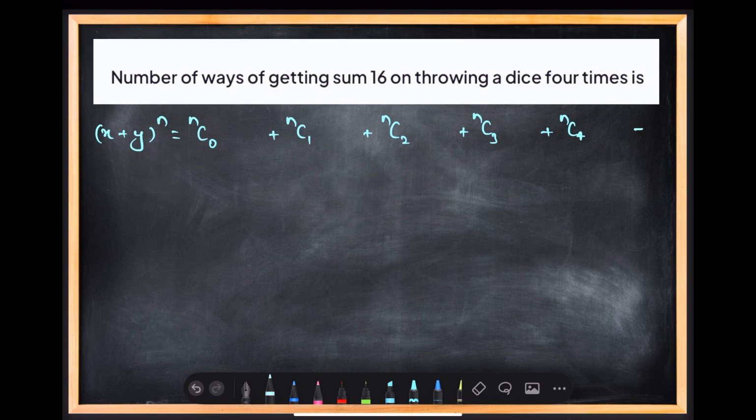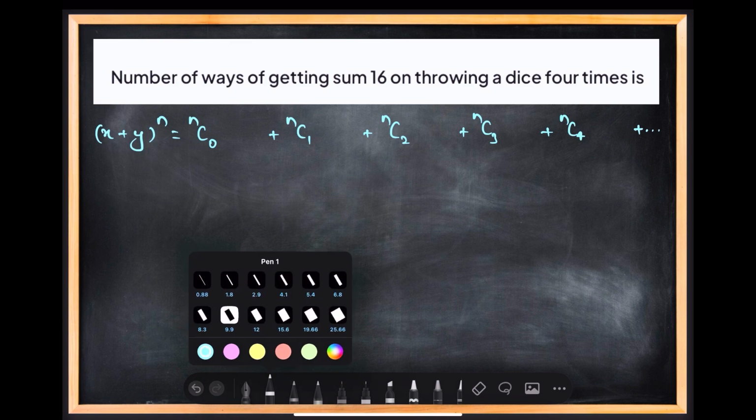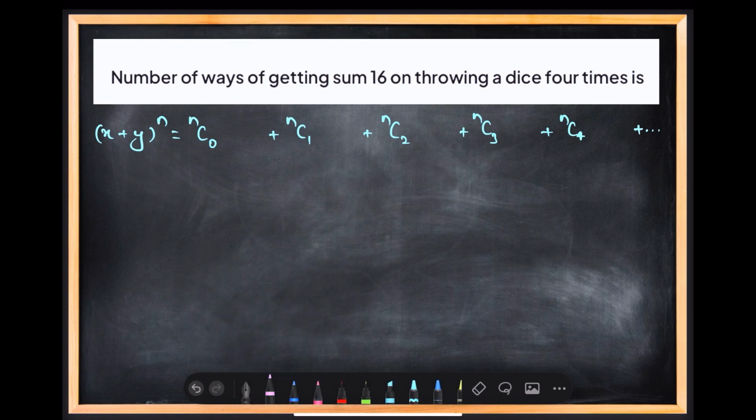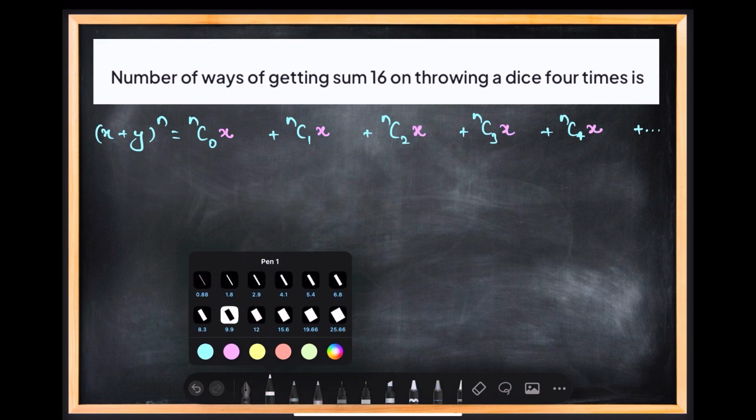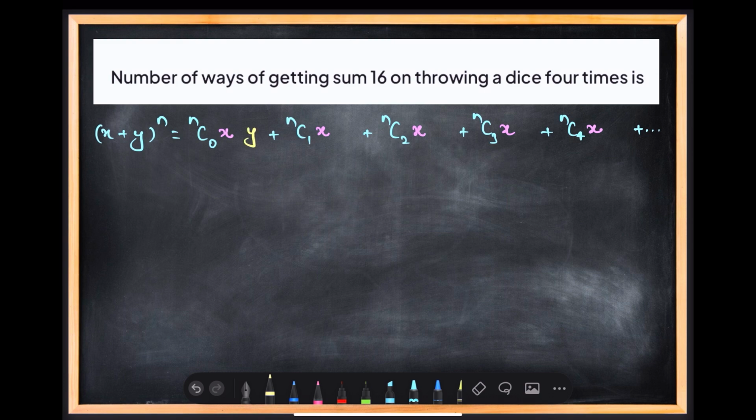Now you have to place the variables. The first variable is x, so I'll write it first and the second variable next. Look at the pattern. You have to observe everything.